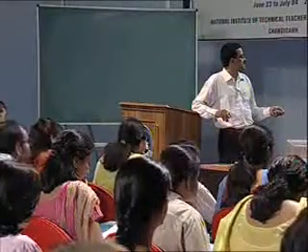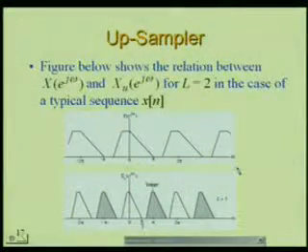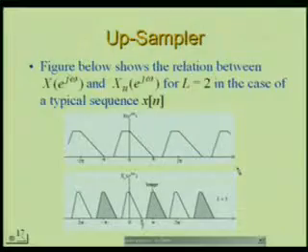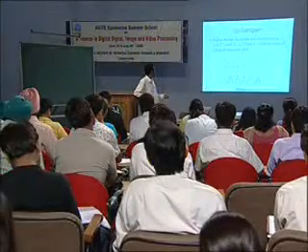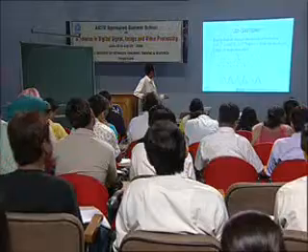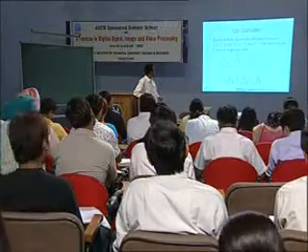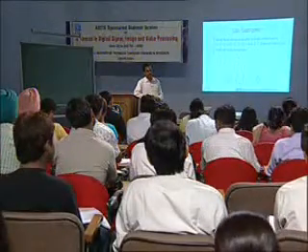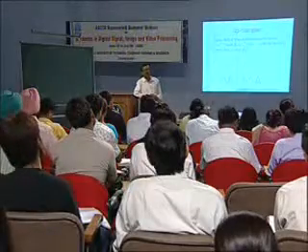So, here you can observe, here it is π, 2π. Here we are using the same scale, ω versus X_u(e^jω), 0 to π, and here we have π/2. So, what happens when you go for the upsampling?